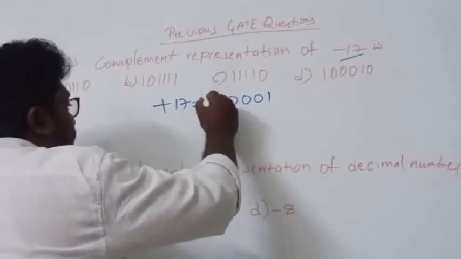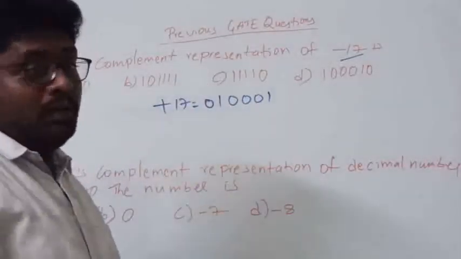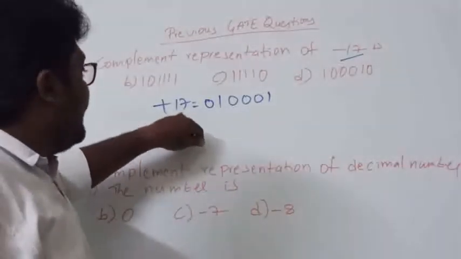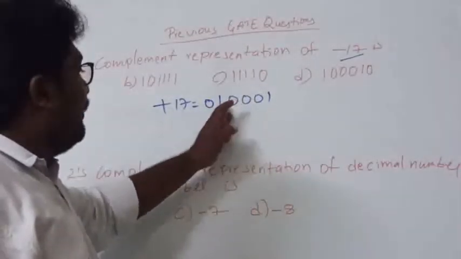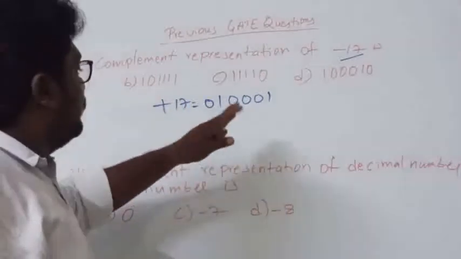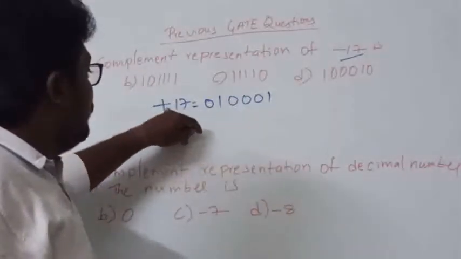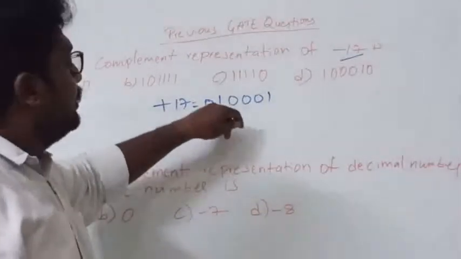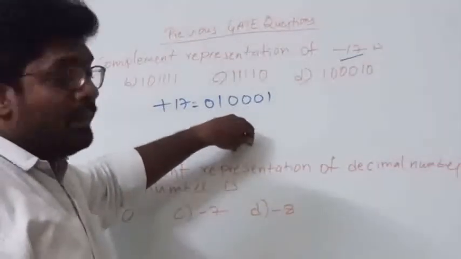So pad 0 in front of the 1, as this number is a positive number. If the number were negative, we would pad ones to the left. Now obtain the ones complement representation of this.